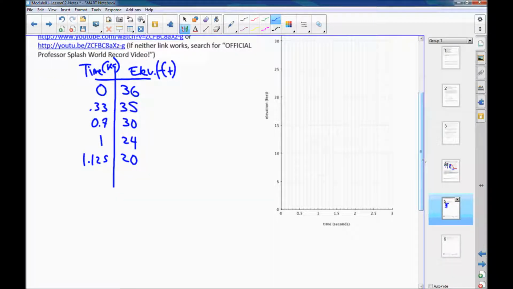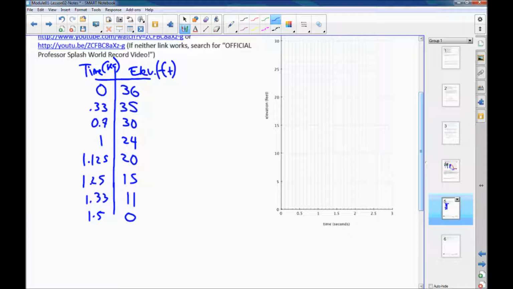At 1.25 seconds, he's at 15 feet. And then at 1.33 seconds, he's at 11 feet. And at 1.5 seconds, he hits the pool. So you can see in 1.5 seconds, he goes 36 feet.